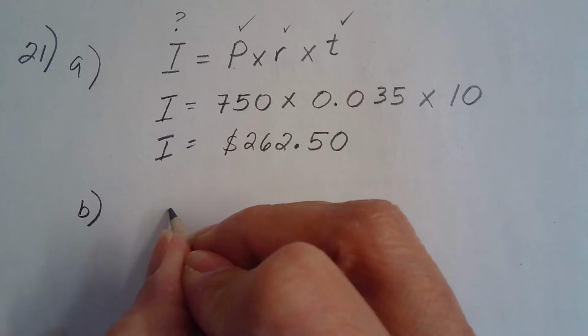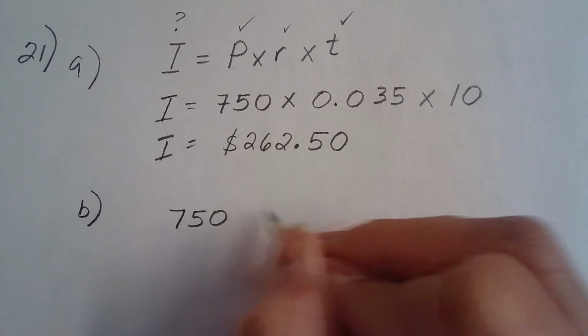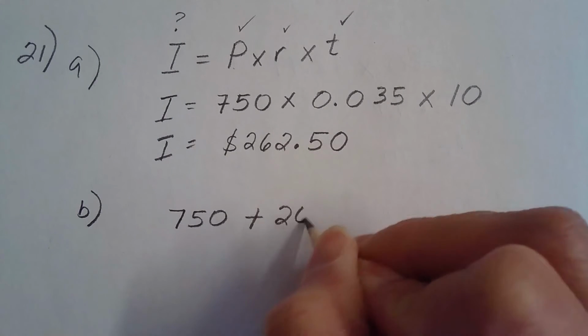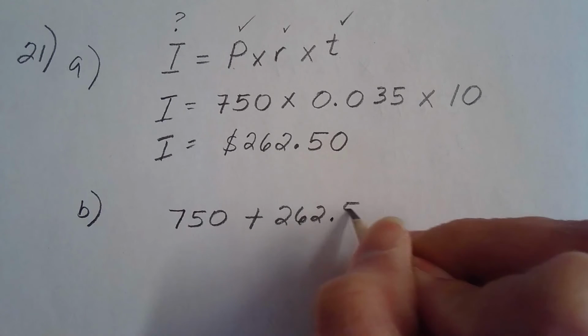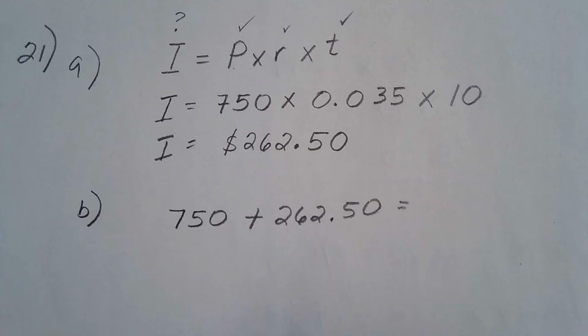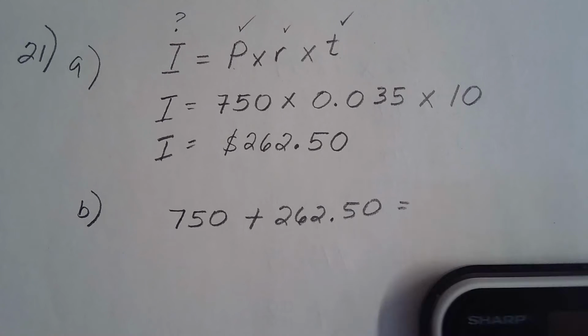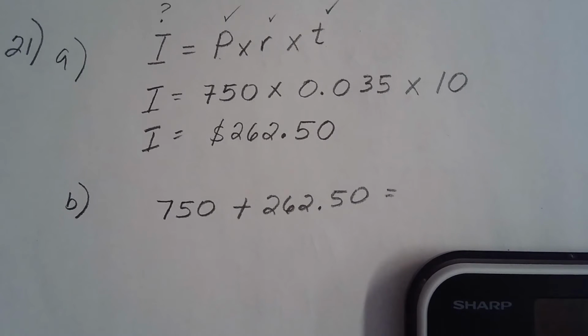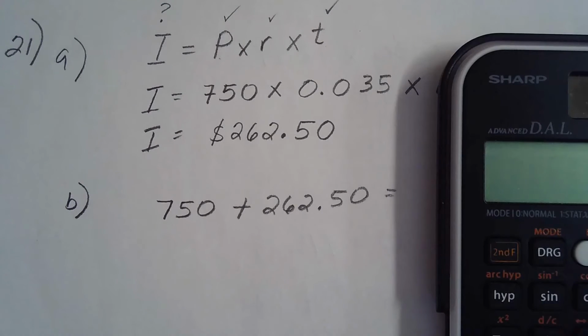So it becomes $750 plus 262. You should get the decimal place in there as well. 750 times 0.035 would equal, did I calculate it right? Okay, hold on.